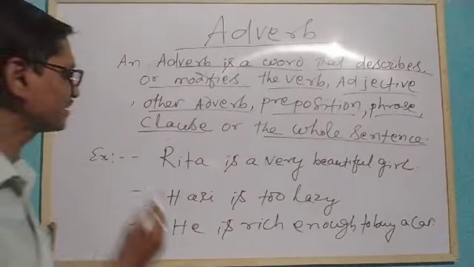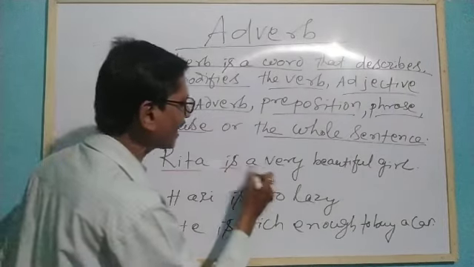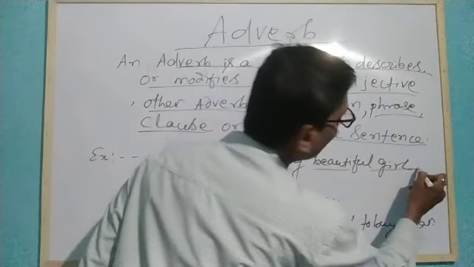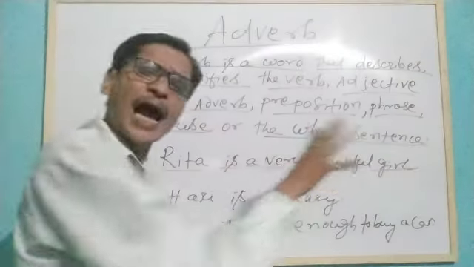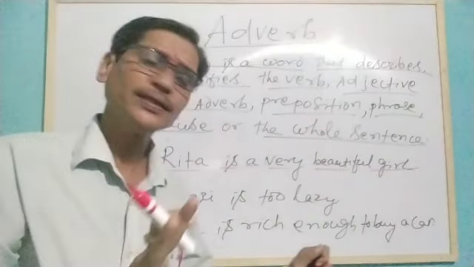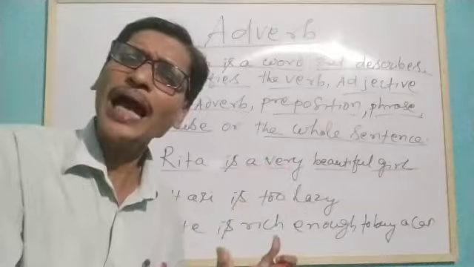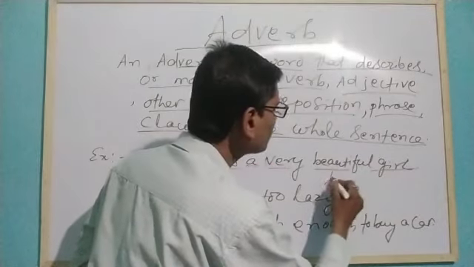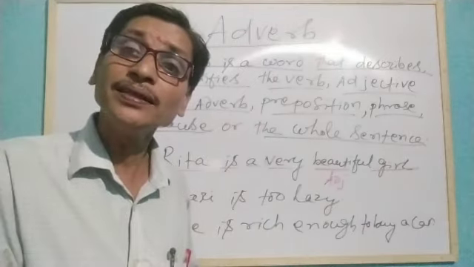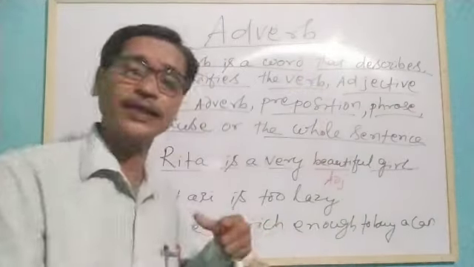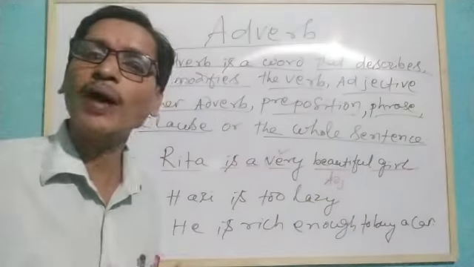Okay, you see from this example: Rita is a very beautiful girl. What do we say? Rita is a girl. Rita is a beautiful girl. So here beautiful is functioning as an adjective. Yes or no? But before this adjective, we have also used another word, that is very.